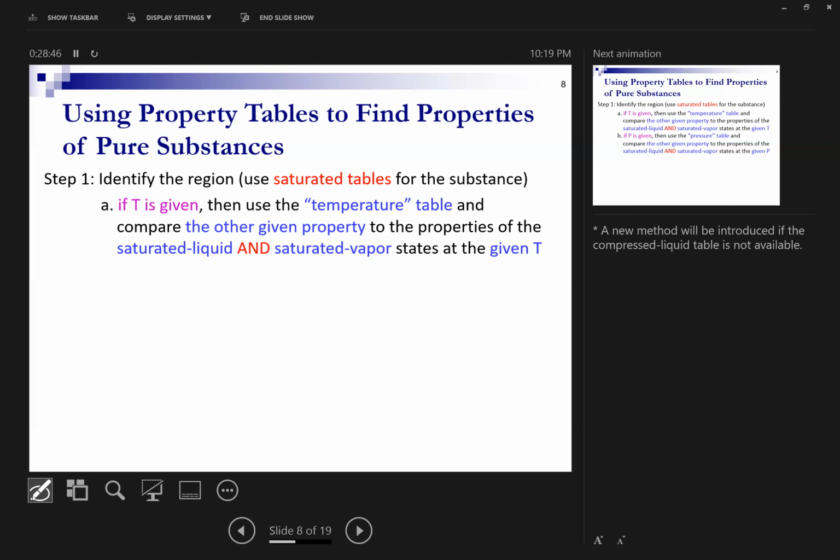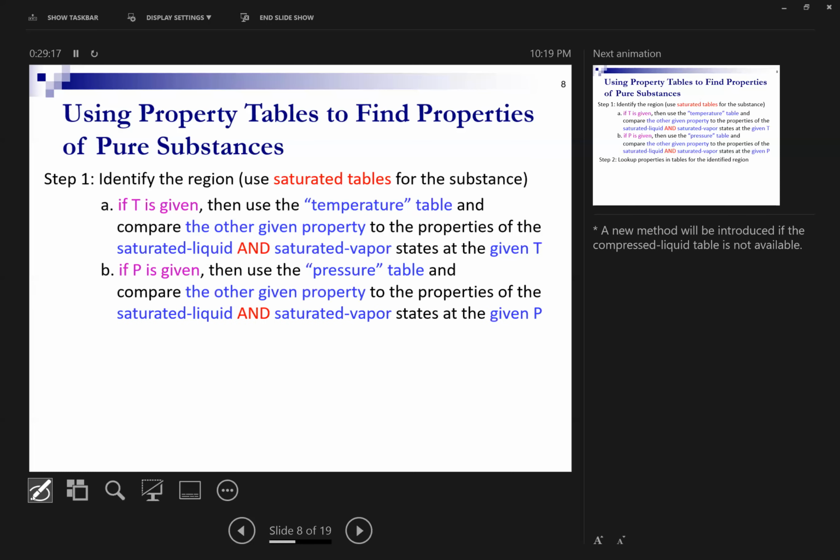My second property is going to be either less than the properties of saturated liquid, or between the saturated liquid and saturated vapor, or more than saturated vapor. Based on this, I can make a decision about the state.